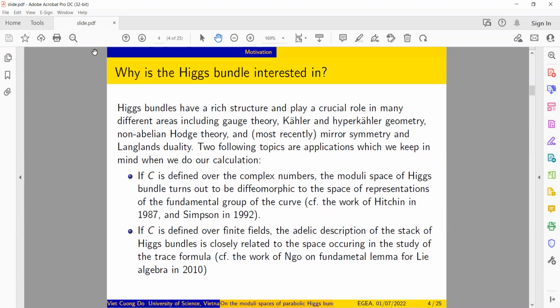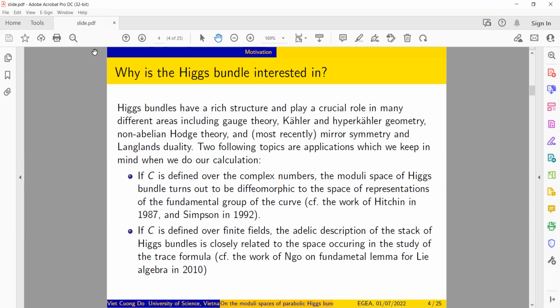In my application, I just keep in mind that I do the calculation for two main applications. If C is defined over the complex numbers, the moduli space of Higgs bundles turns out to be diffeomorphic to the space of representations of the fundamental group of the curve.